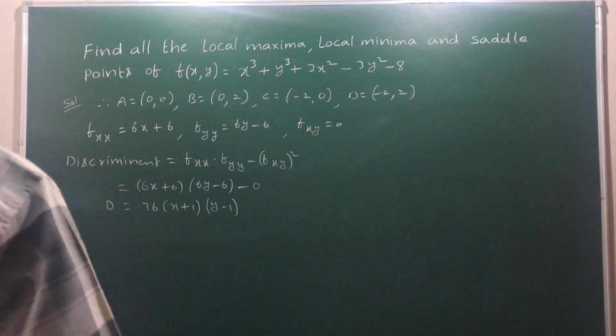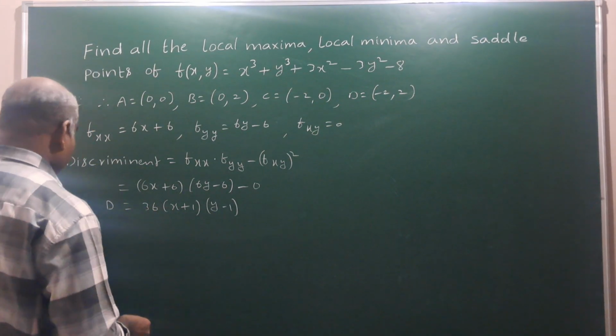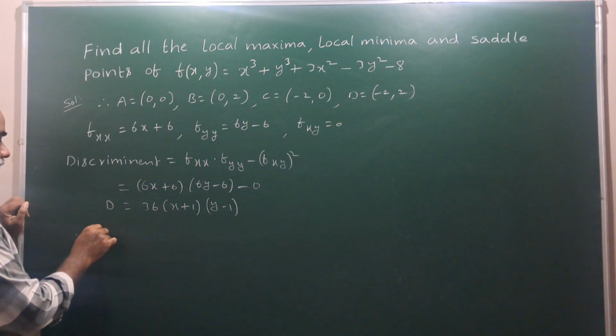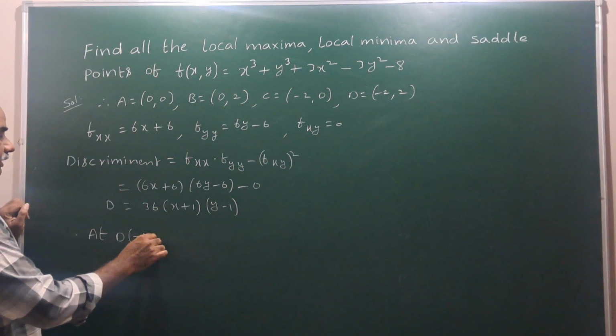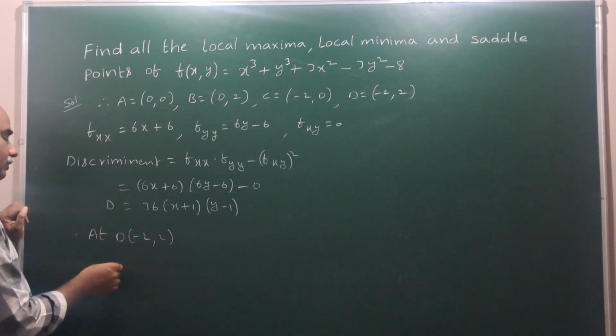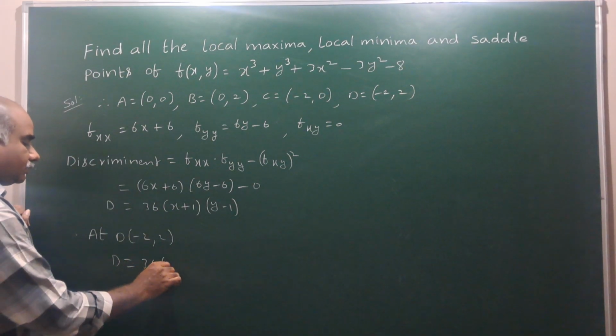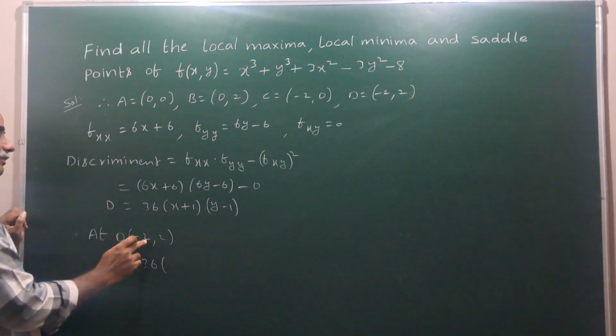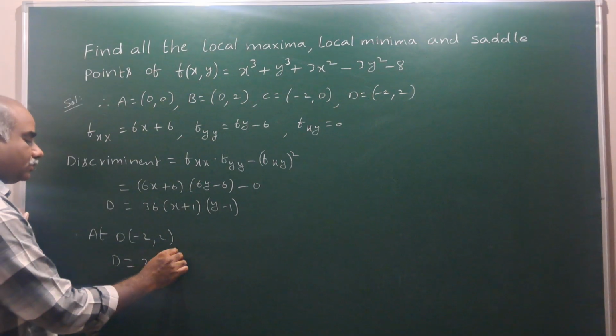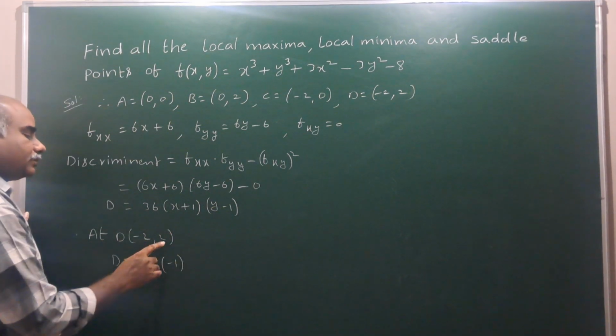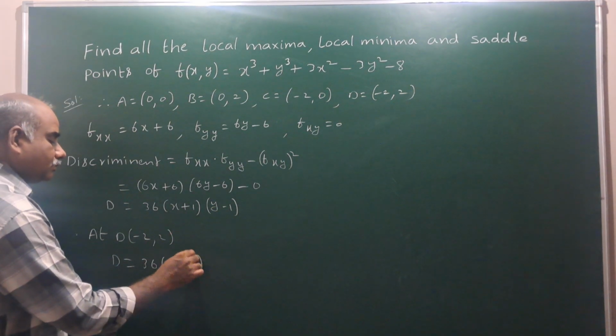Let us take the point d (-2, 2). First of all we have to check the discriminant: 36 into (x + 1), that means -2 + 1, which is equal to -1, and (y - 1), that means 2 - 1, which is equal to 1.